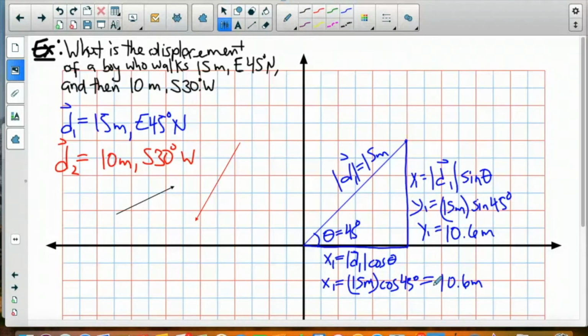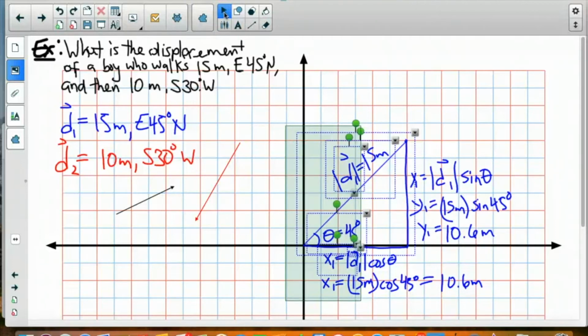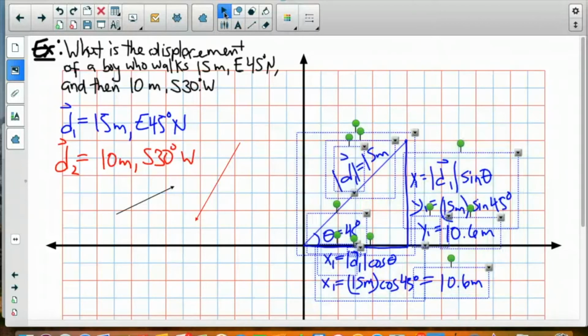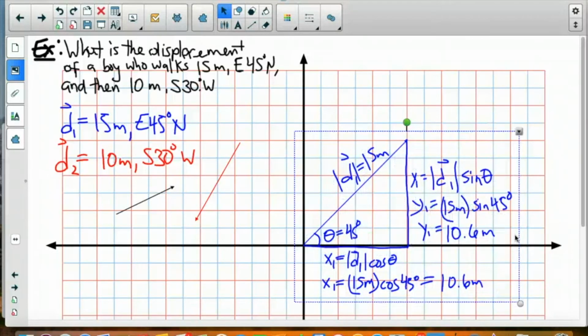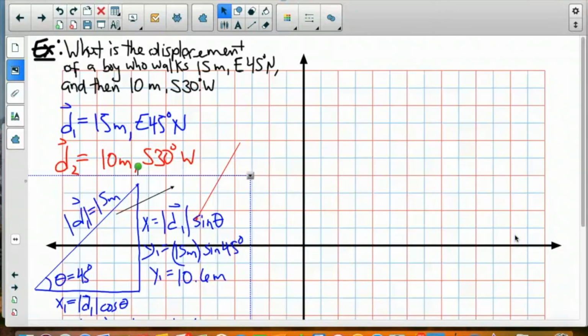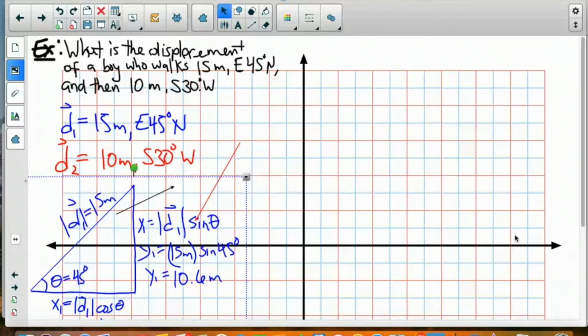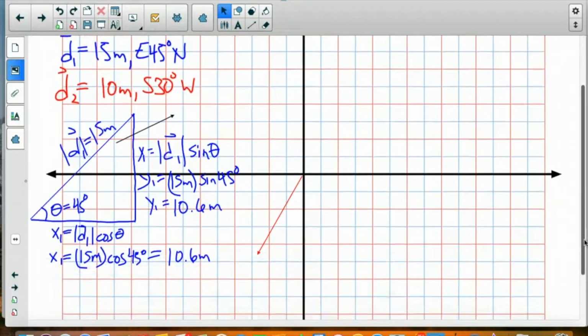Okay, so we know that's for our initial displacement vector. So the first little bit of walking that he does. I'll just group all those and move them out of the way. And now if we look at this vector here, I'll just scroll down, make it easier.